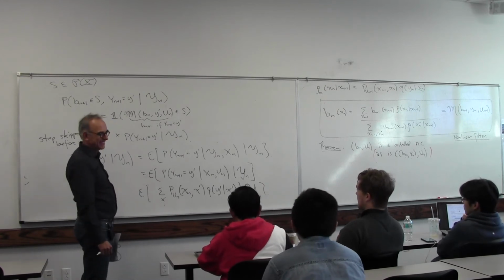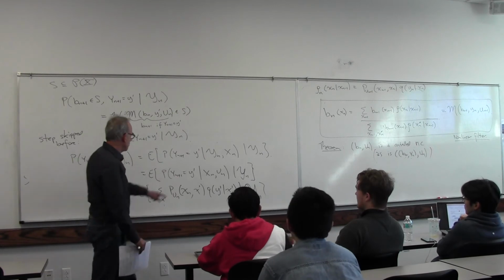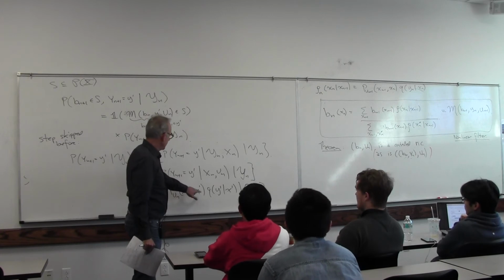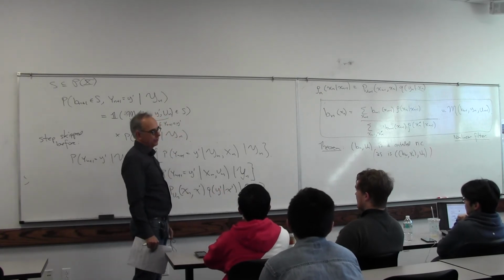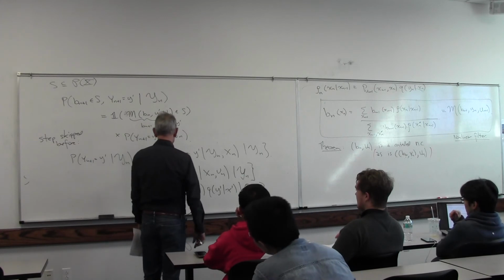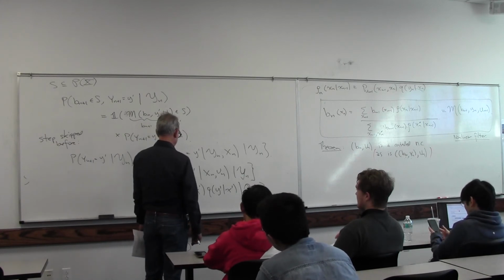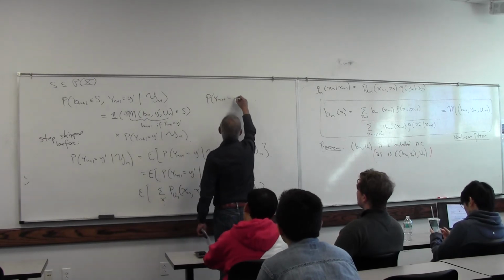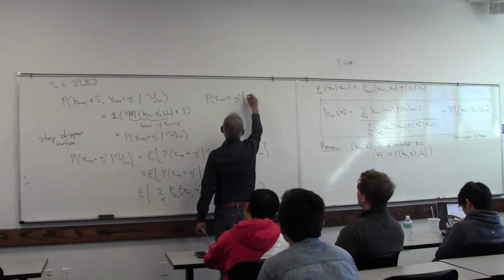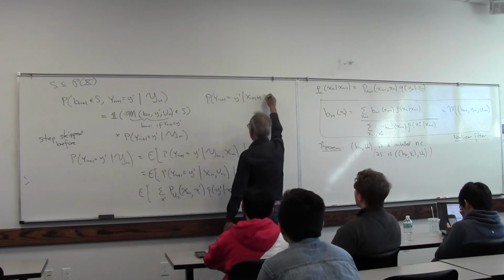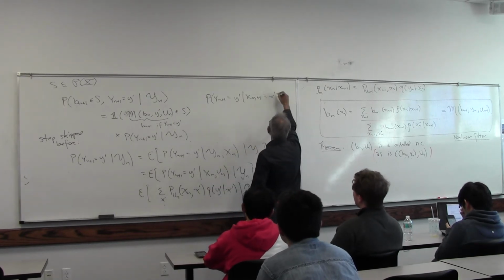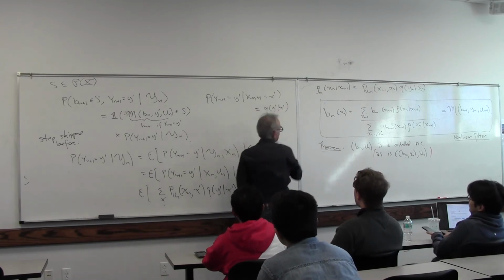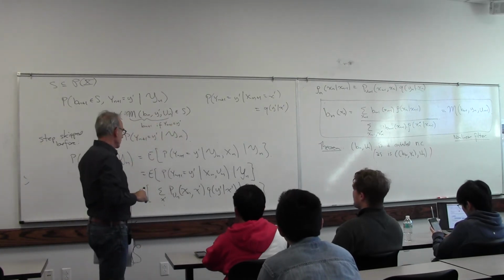Everybody with me? Where'd the Q come from? I thought the PU matrix was the controlled transition. Now remember, Q is the probability that Yn plus 1 equals y prime given Xn plus 1 equals x prime. That's why I called it Q.